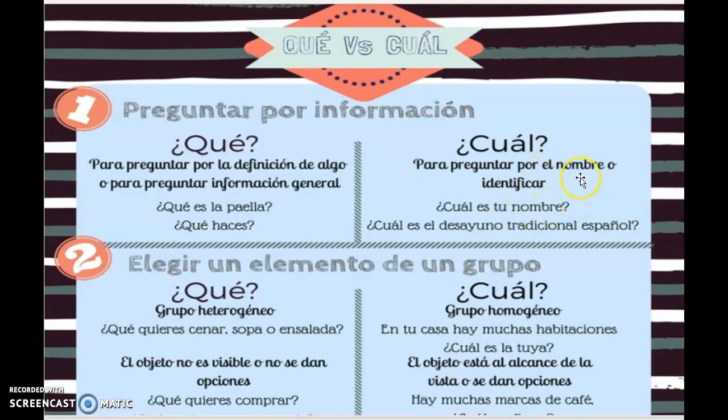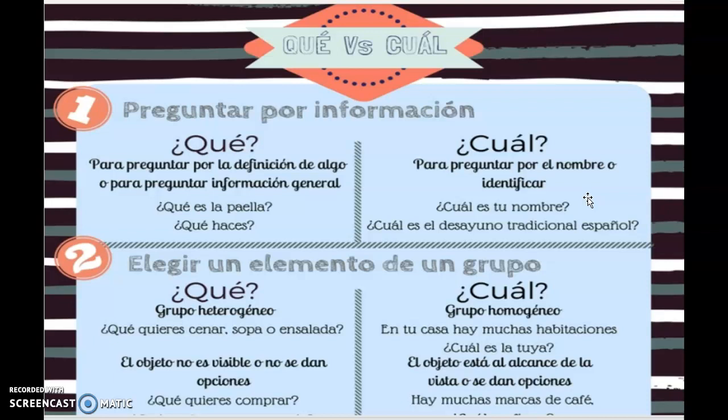¿Cuál? Para preguntar el nombre o identificar. So maybe you remember this one. When we ask, ¿cuál es tu nombre? What is your name? Obviously, I am expecting you to tell me a name, right? I'm not expecting you to tell me anything like tree or music. So I do have an anticipated knowledge of what you're going to say.